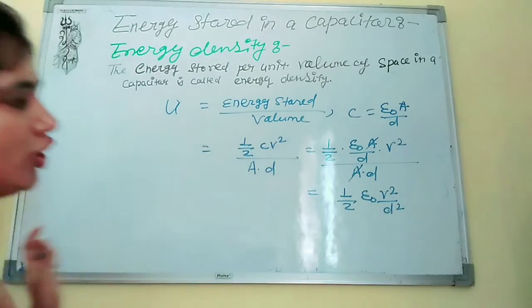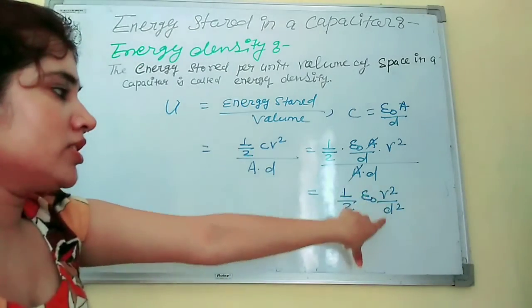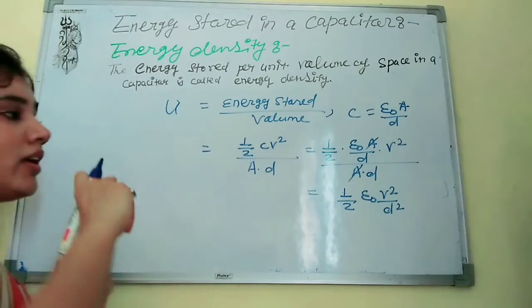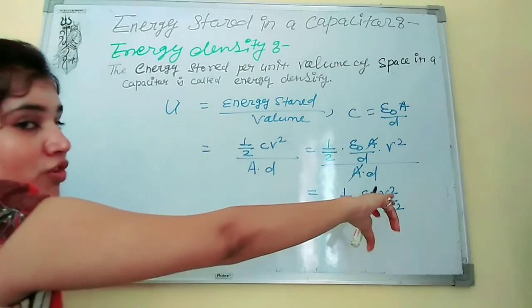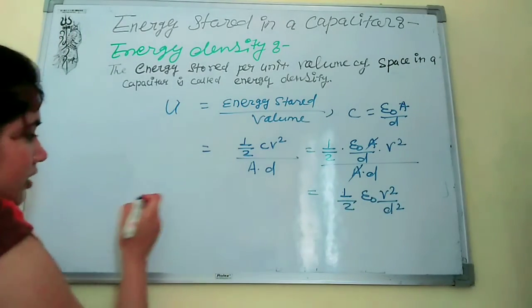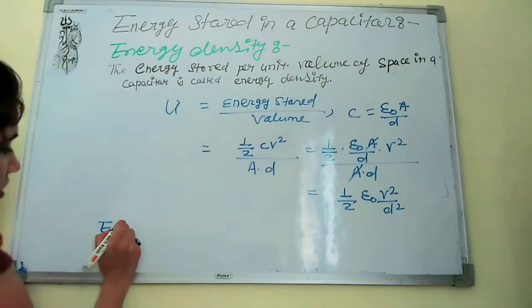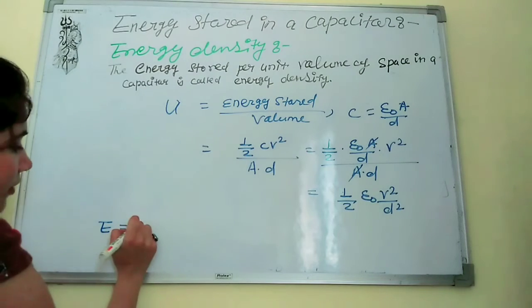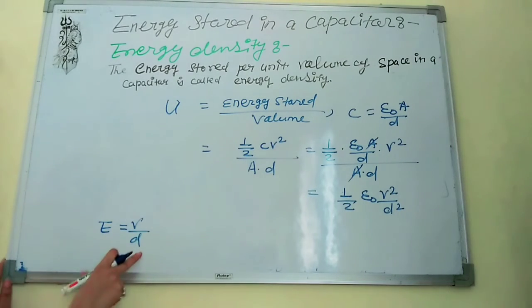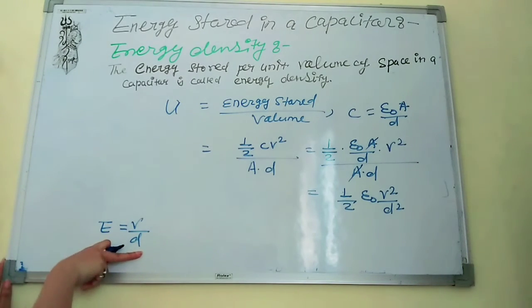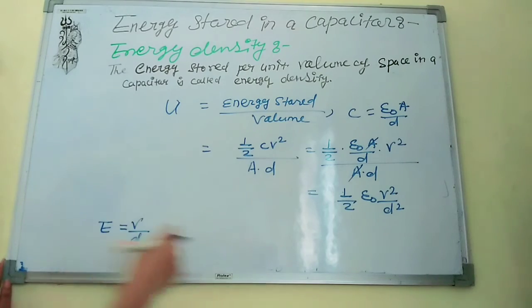Now in this you just see this term. This is the expression of the potential gradient. If you express it in the electric field and potential gradient, we know the expression is E equal to V by d, potential upon length.